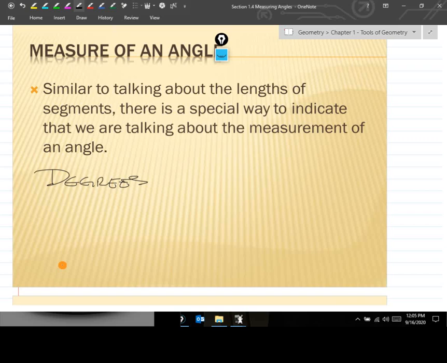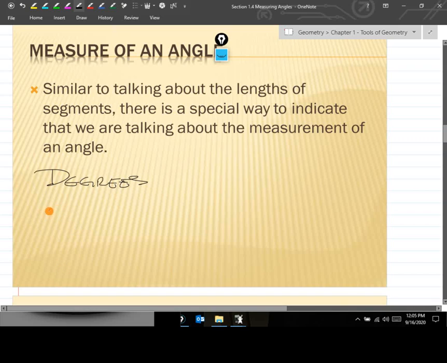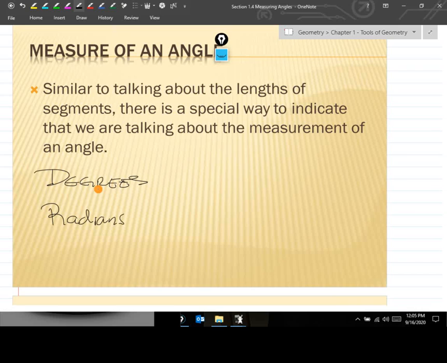There's another unit, and they're called radians. What a degree is, is taking my circle and chunking it into 360 slices of pie or pizza or whatever.